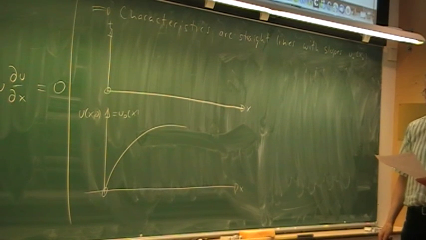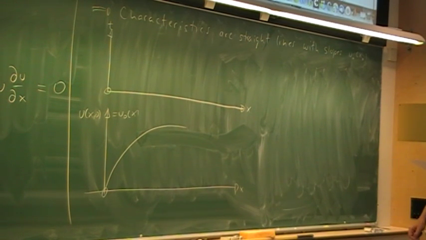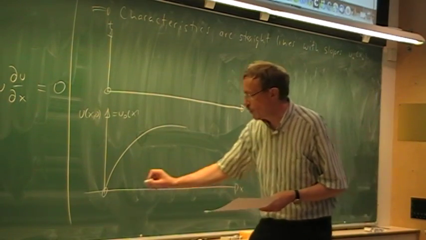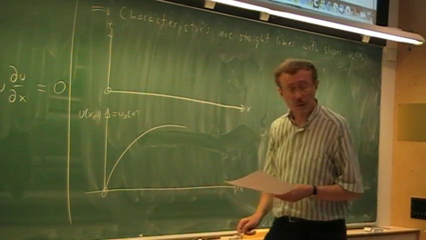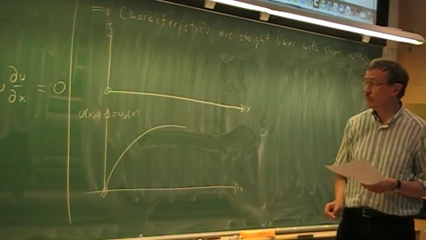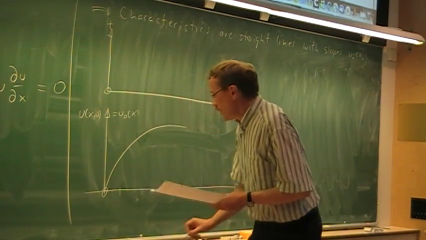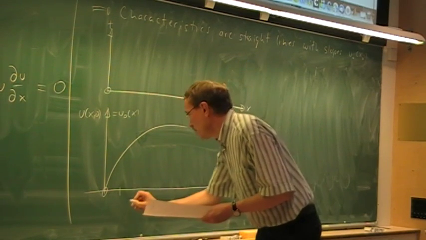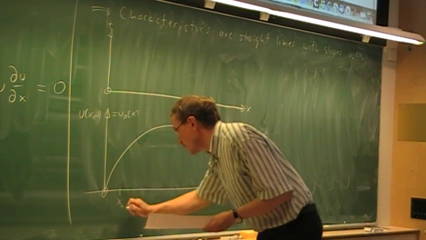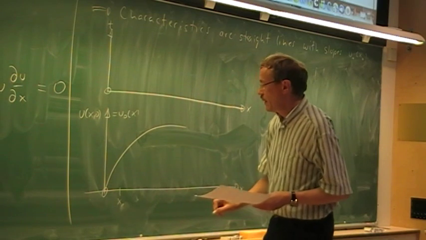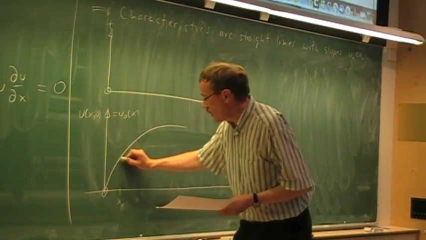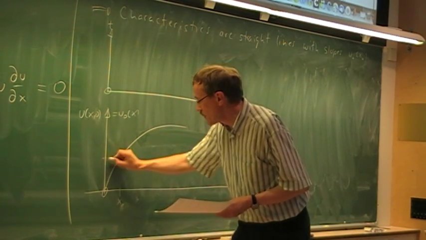What can we say then? We know that each point, say this point here, that has the velocity 0, will not move. So there is no movement. If we are at a point here, let's say this is our x0, then at this point we have this velocity here.